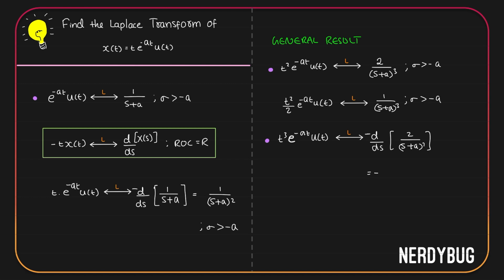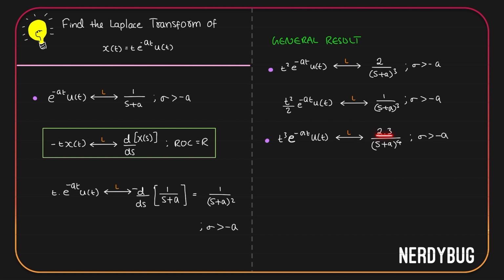And this will be negative of 2 times the derivative of 1 by s plus a whole cube, which is minus 3 times 1 by s plus a to the power 4. So this is equal to 2 times 3 divided by s plus a to the power 4, and ROC does not change, sigma greater than minus a.